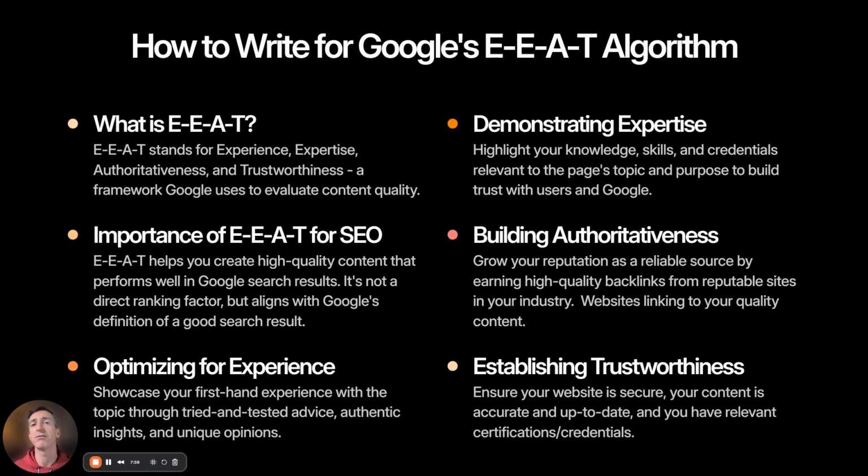If you have written it with AI, Google will peg it as lower quality because it doesn't have real user experience. So the importance of EEAT for SEO, it helps you to create high quality content that performs well in Google search results. It's not a direct ranking factor. Just ticking the box for that will not rank you. It's going to align with Google's definition of good search results.